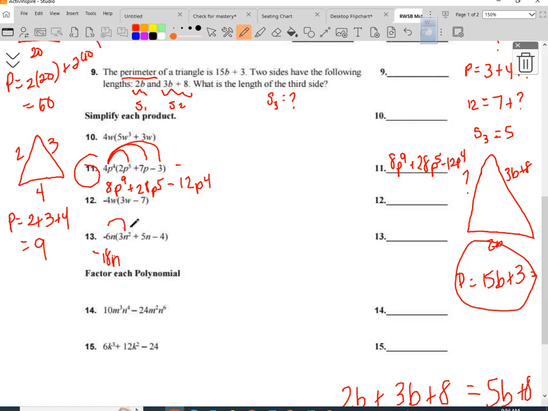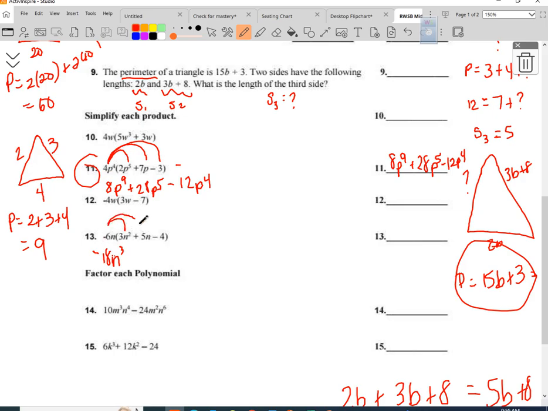What's n times n squared? Well, what's the exponent on the n if you don't see one? 1. This is n to the first times n to the second. So I'll tell you it's not n to the second. What do you think it might be? Yes, very good. N to the third power, because we add the exponents, right?